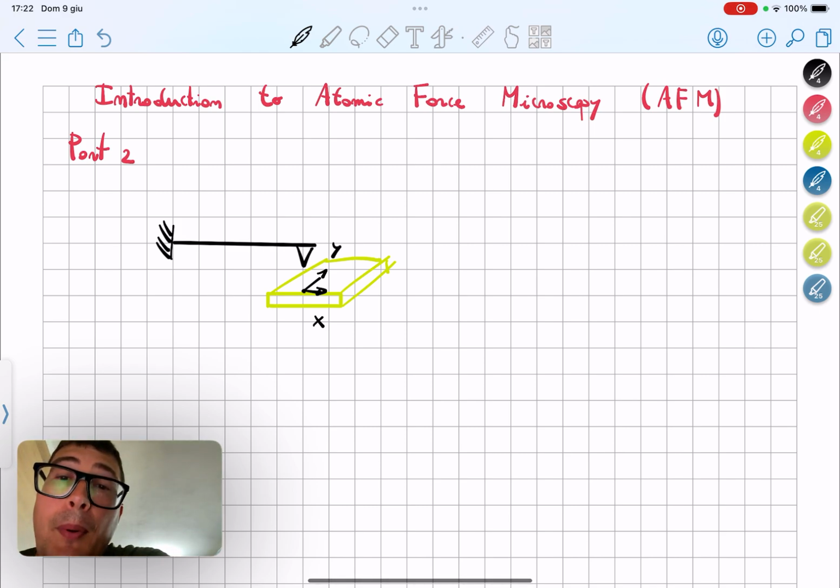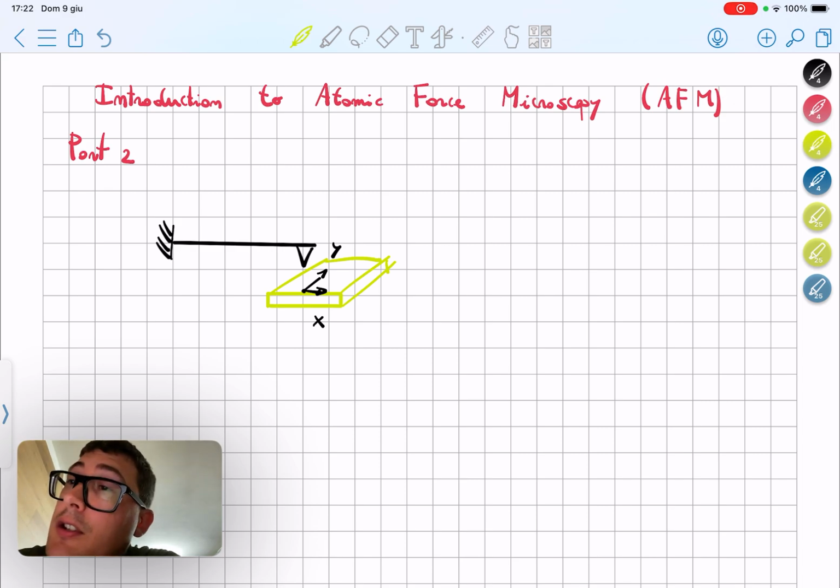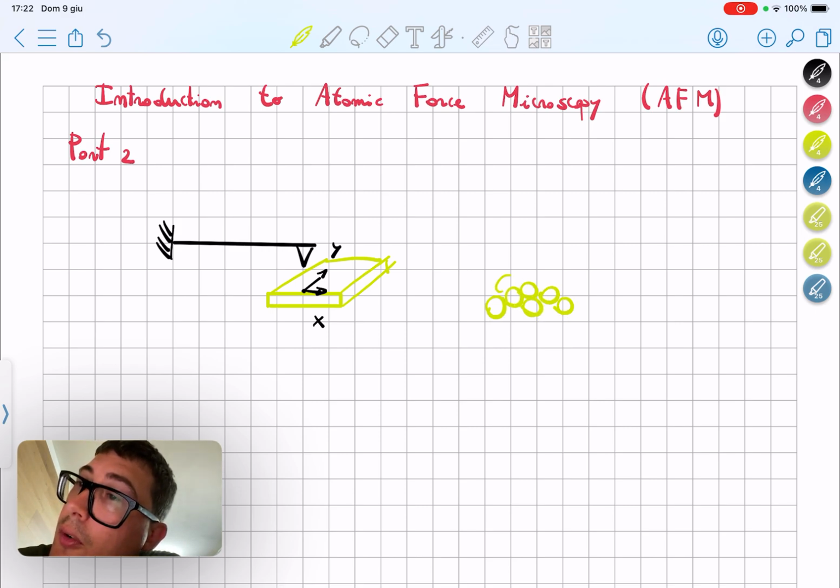So in order to map point by point, pixel by pixel, and gather information on the sample topography, I would like you to think of it not as a flat surface, but as composed of atoms.